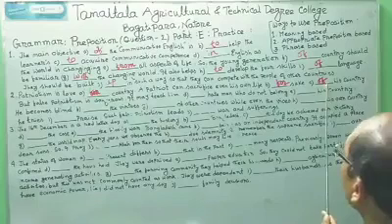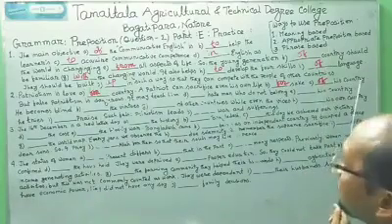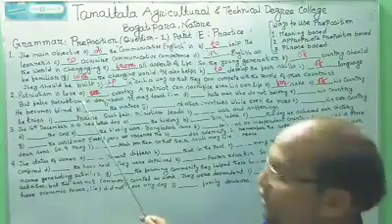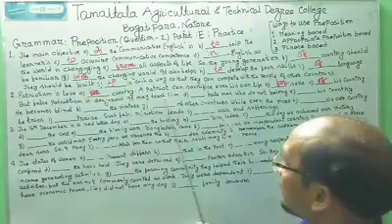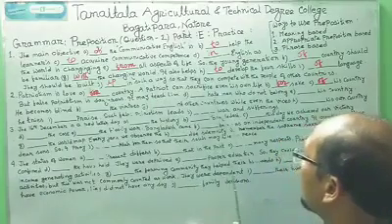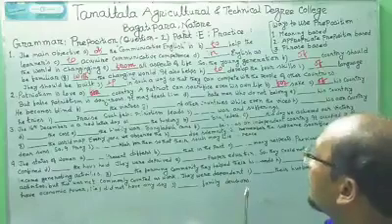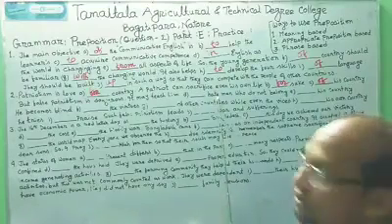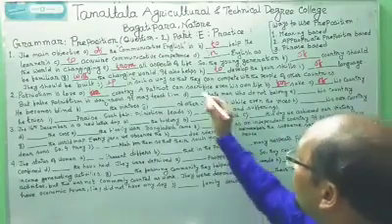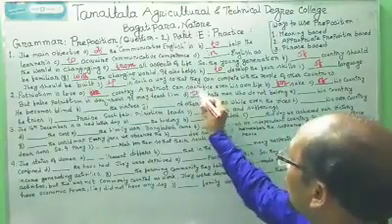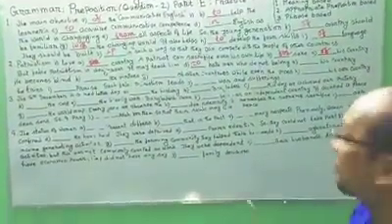For the sake of is a phrase-based preposition. But false patriotism is dangerous. It may teach him to hate men who do not belong to his country. Teach him to hate, it is based on a verb, so use here to. Belong to, appropriate preposition.